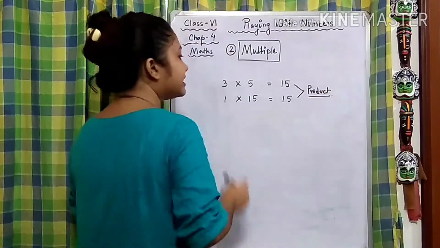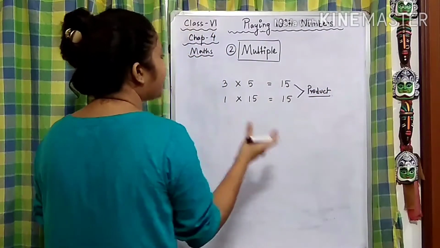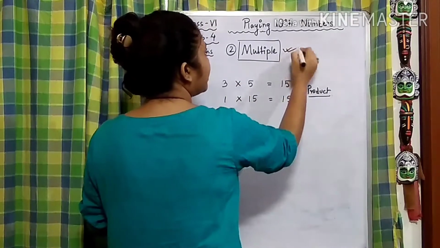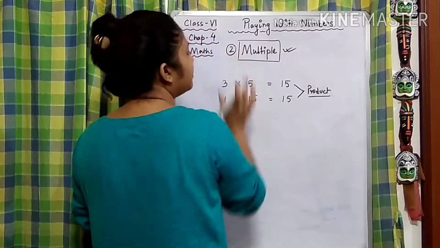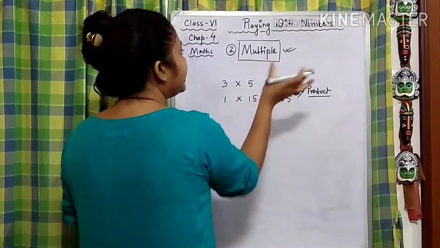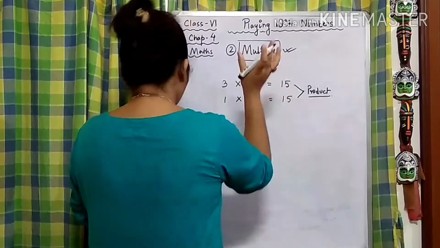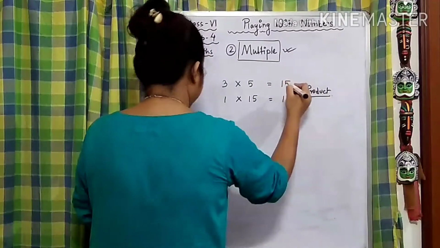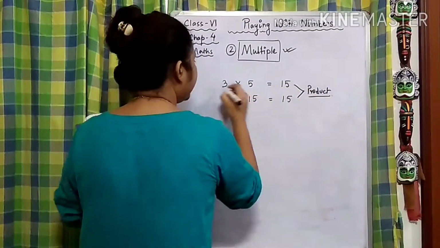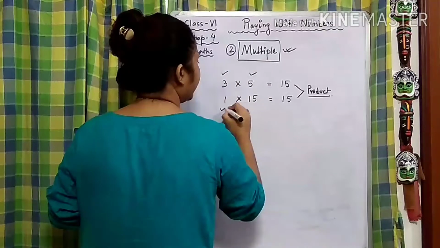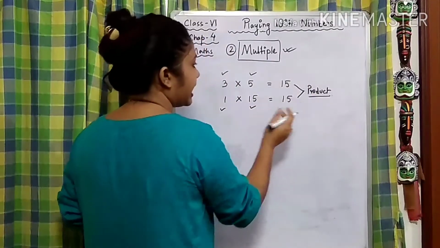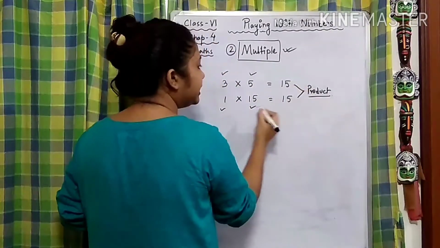Now how can we define a multiple? From the name of the term itself, we can understand that it is directly related to multiplication. So the product, 15, is the multiple of each number.